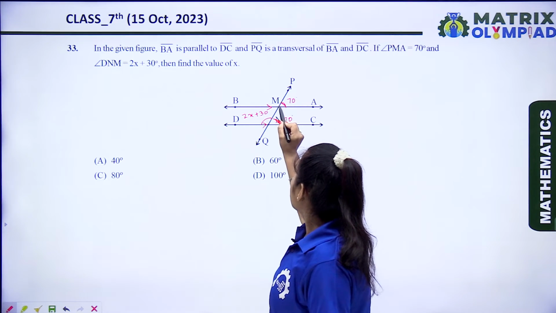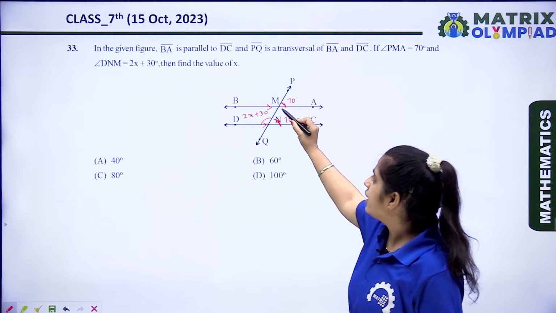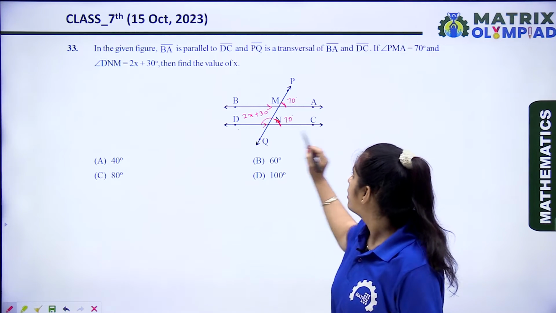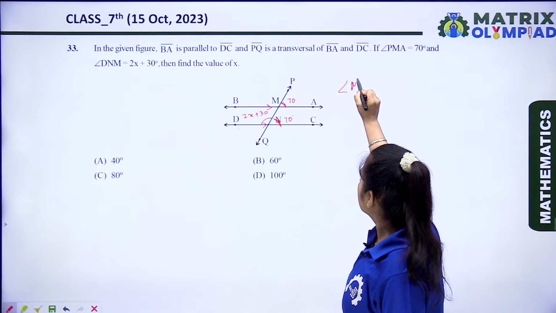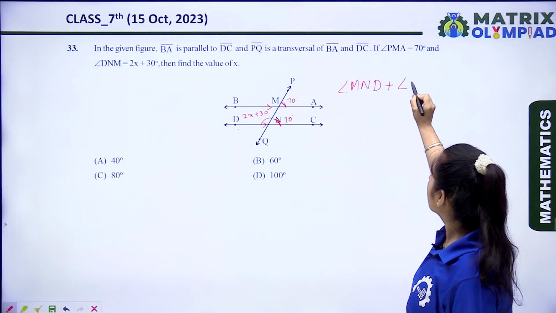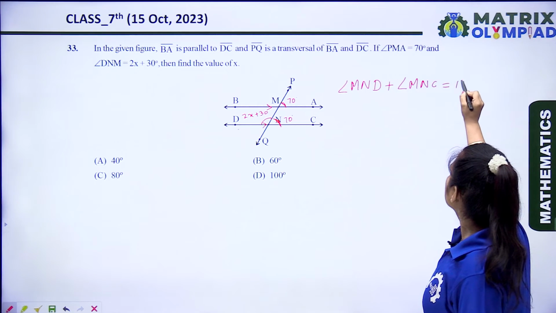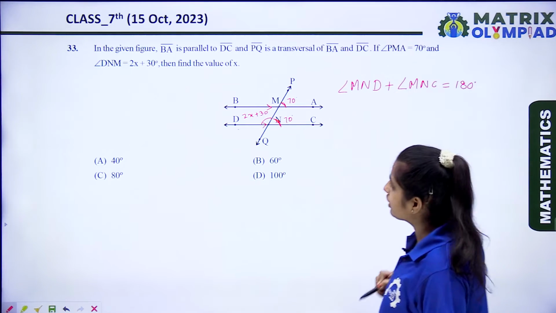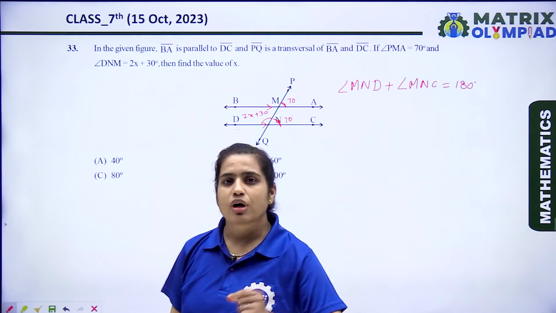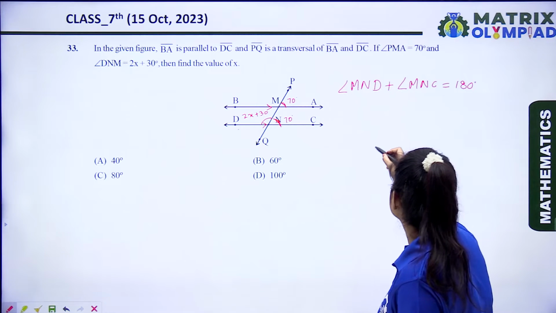Now MND जो हमारा एंगल है, एंगल MND प्लस एंगल MNC is equal to 180 डिग्री. एक स्ट्रेट लाइन है तो हमारे पास ये 180 डिग्री है. लीनियर पेयर कॉन्सेप्ट भी आप यहाँ पे ले सकते हैं.